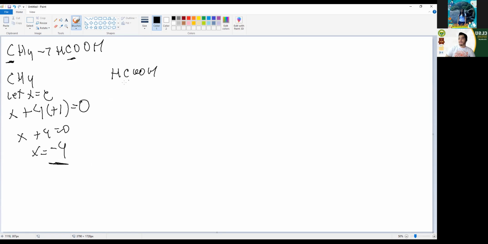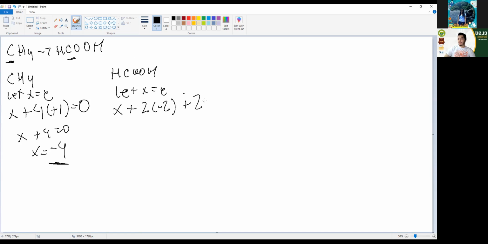And then from the product side, HCOOH. So, let X ulit is equal to C. So, si C natin isa lang. So, X plus, dalawa yung oxygen natin. So, 2 times negative 2. And then, dalawa din yung hydrogen.